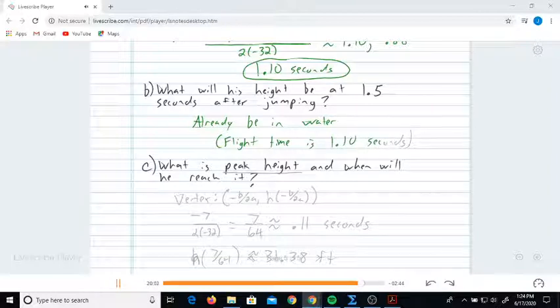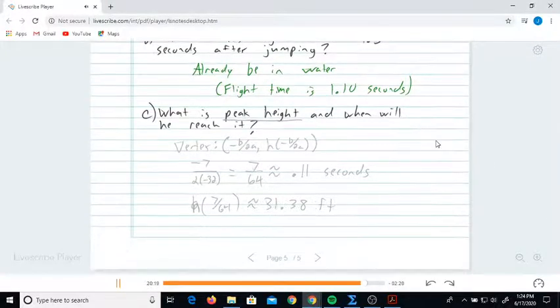Now the diver will have some peak height that is worth knowing. We want to know what's the highest point they're at. So the highest point, or peak height, well, what's the peak of any parabola? Well, that would be the vertex. So the key to figuring this out is by determining the vertex. You'll notice it's in standard form.